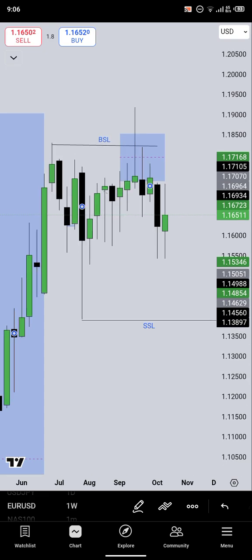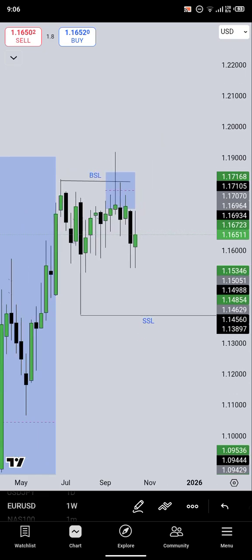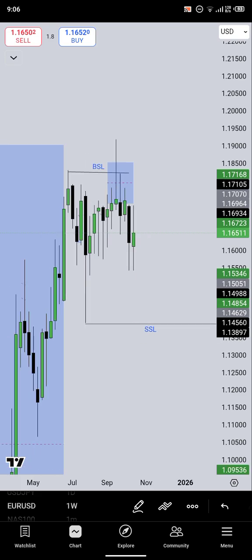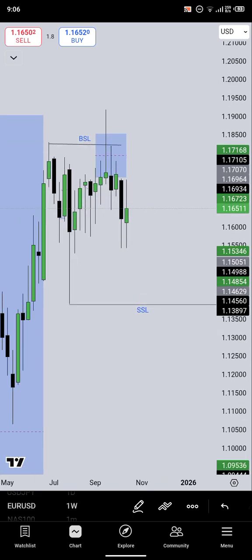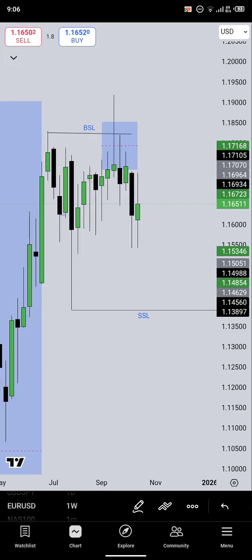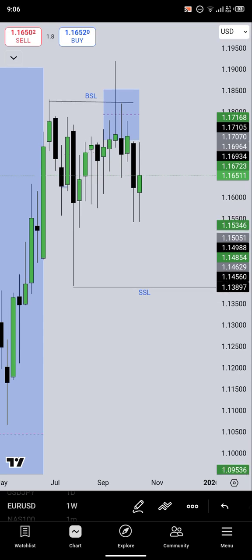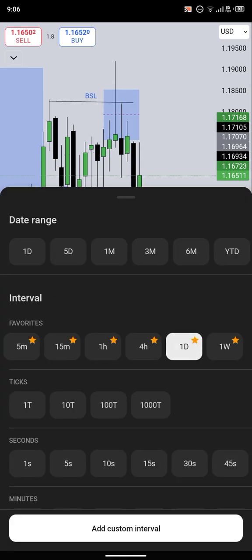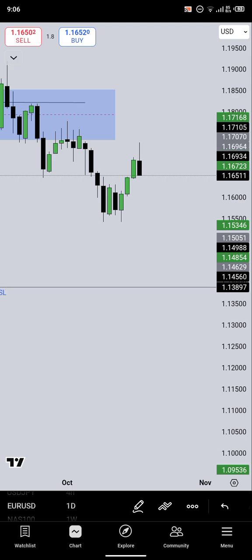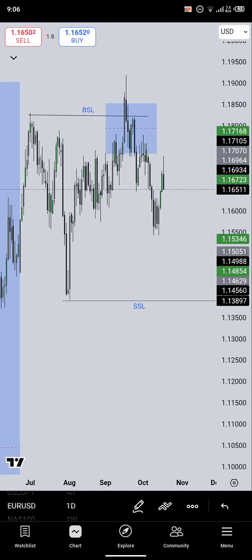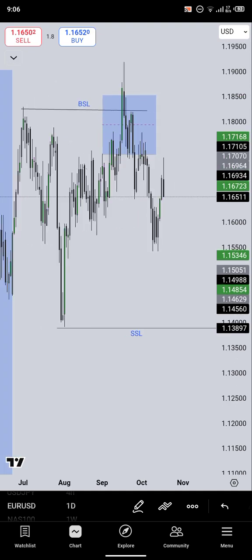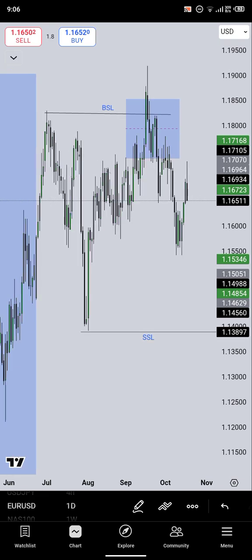Okay, so for this week I'm looking to see if price is going to draw below to this sell side liquidity, which I've marked out, before going up. Let me come down to a daily chart. So we can see the picture clearer from a daily time frame.